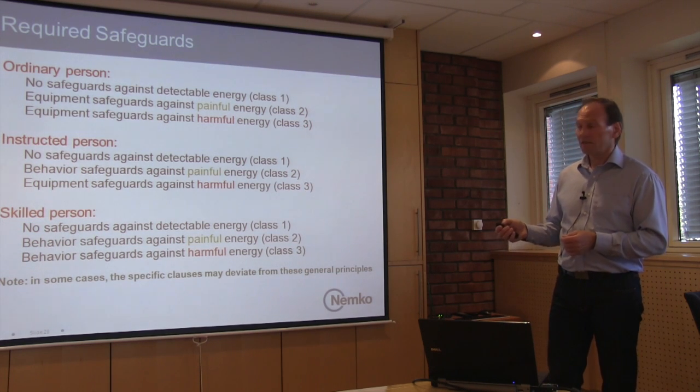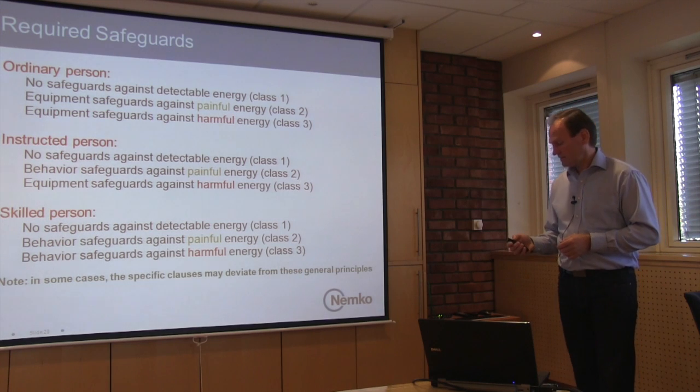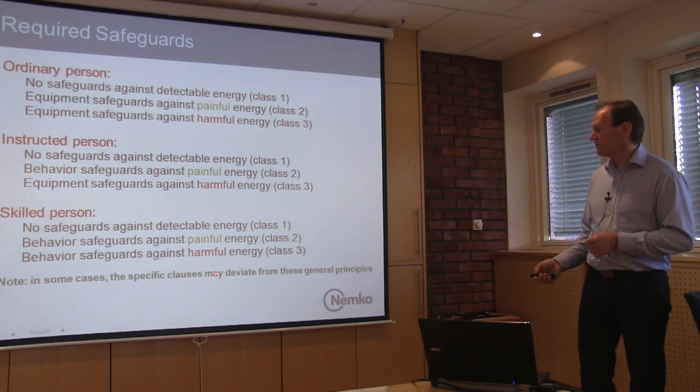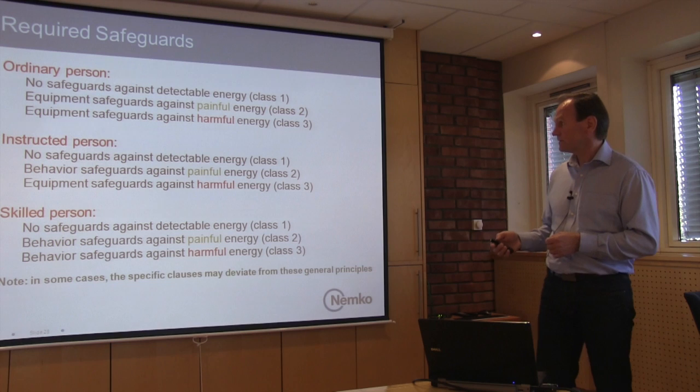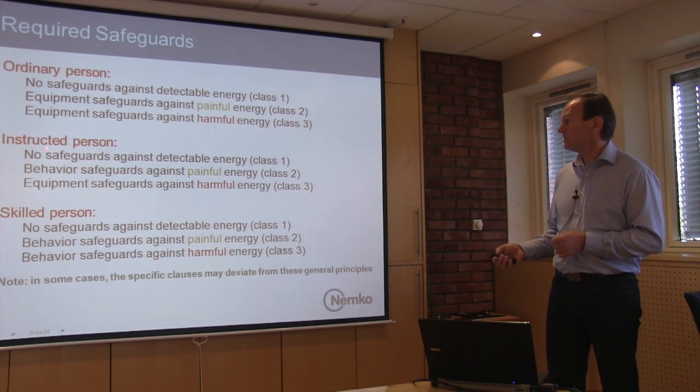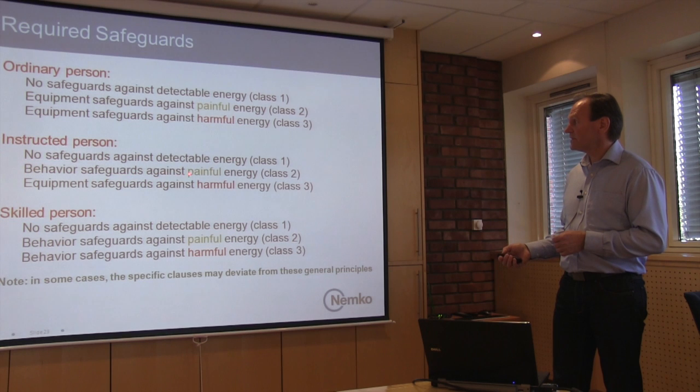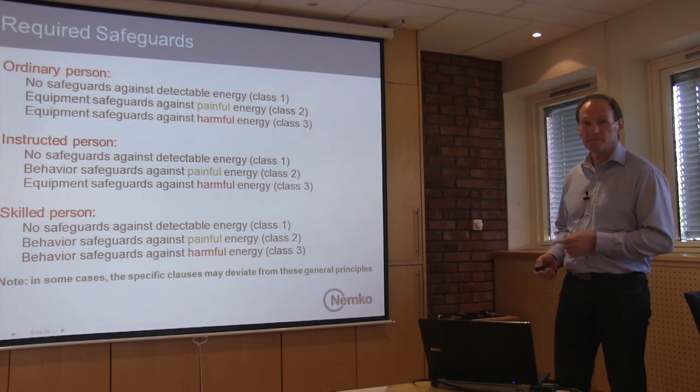This is in general. There may be some clauses which deviate from these general principles, but this is the general principle in the standard. And for an instructed person, a behavioral safeguard against a painful energy source and an equipment safeguard against class 3.